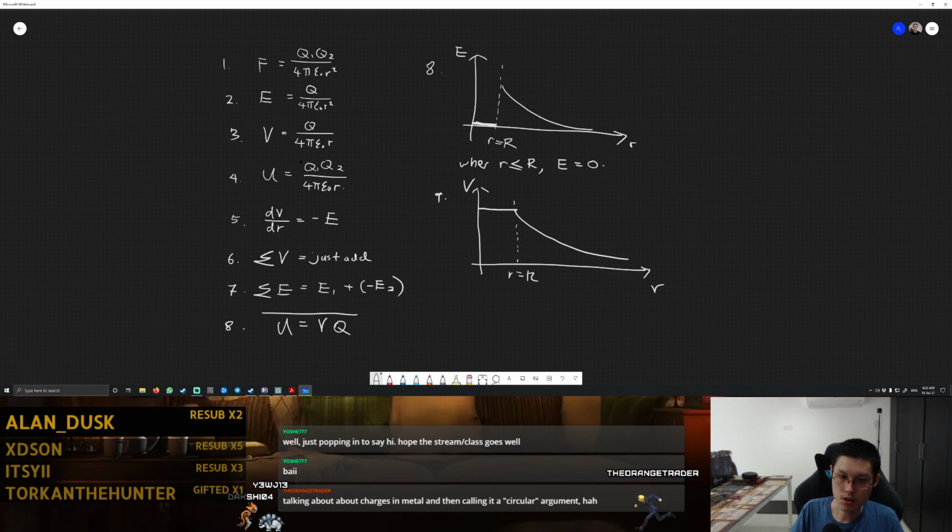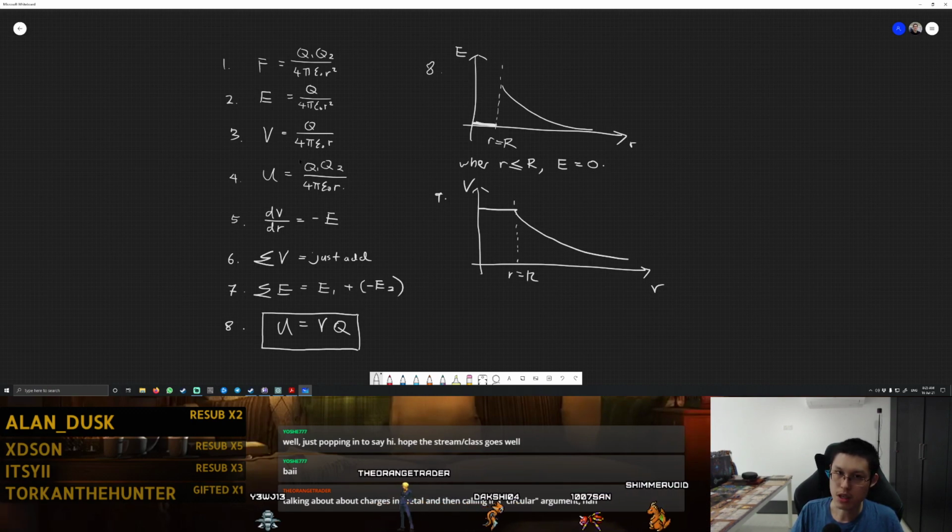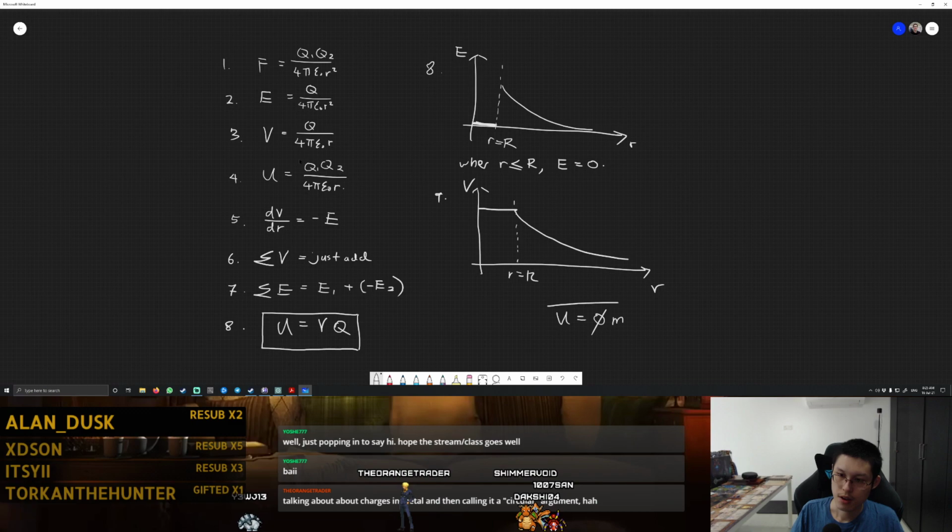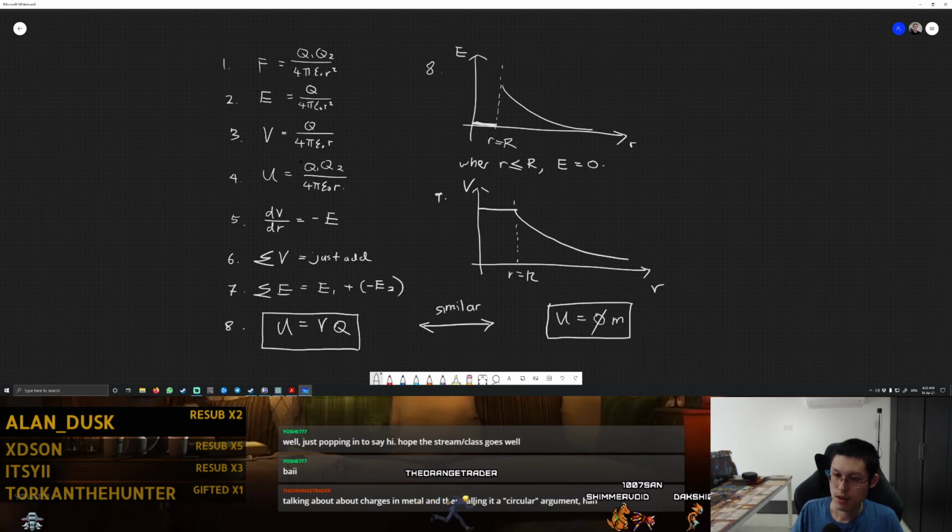So this is also a pretty useful equation to know. Kind of similar to how U is V times Q, well, U is equal to gravitational potential times M. Right, it's kind of similar to this one. Okay, just thought I'll mention that before I forget.